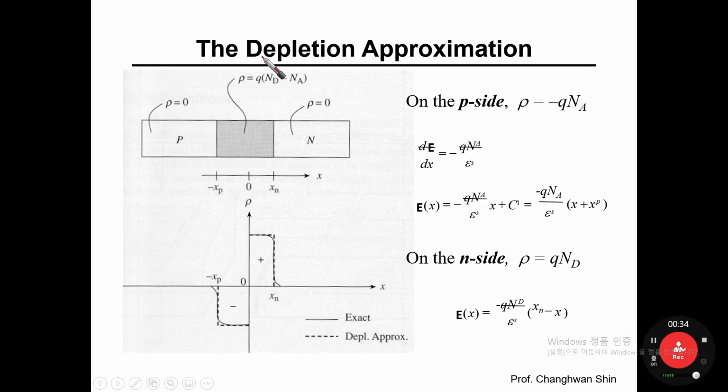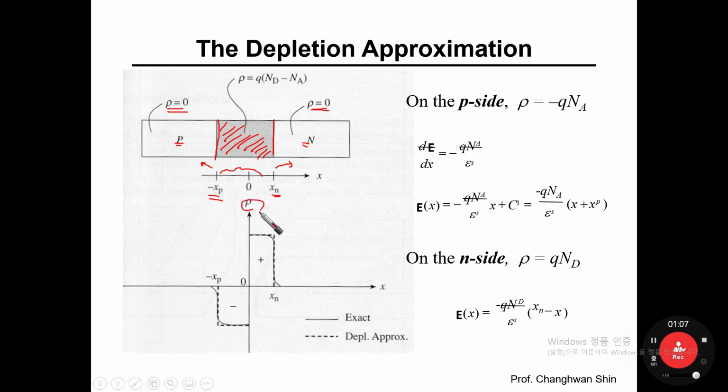Since we are going to use the depletion approximation as shown in here, the sharp edge at x of minus xp and at x of xn, the depletion layer has been well formed. Beyond this region, all the p-side n-side bulk regions are well neutralized so that the charge density rho is 0.